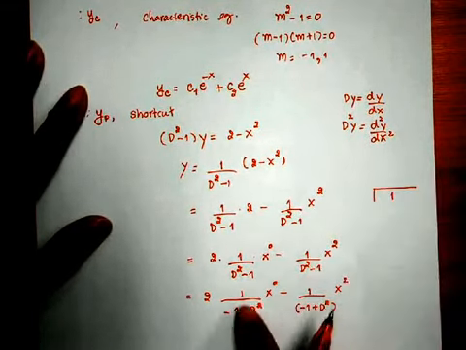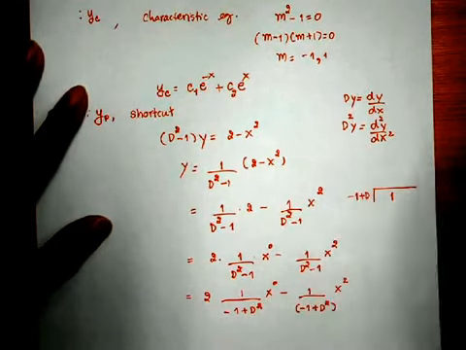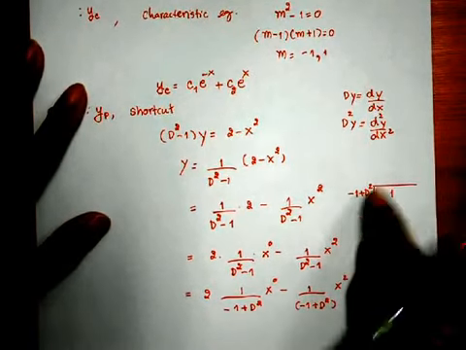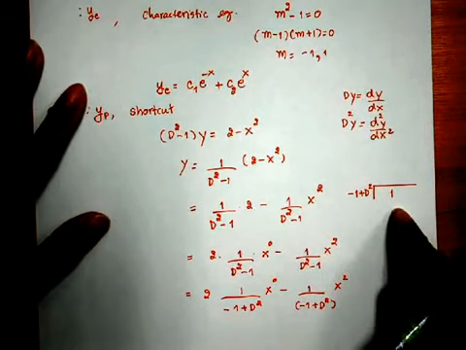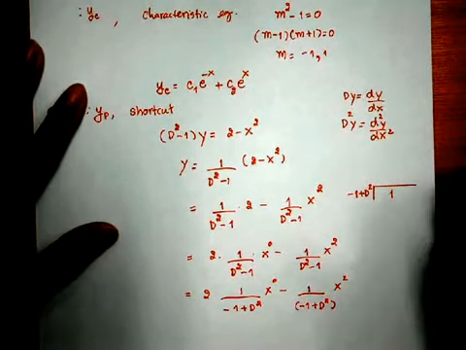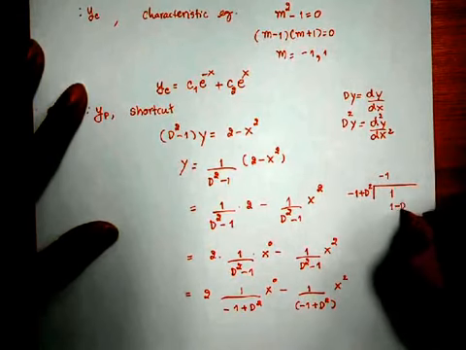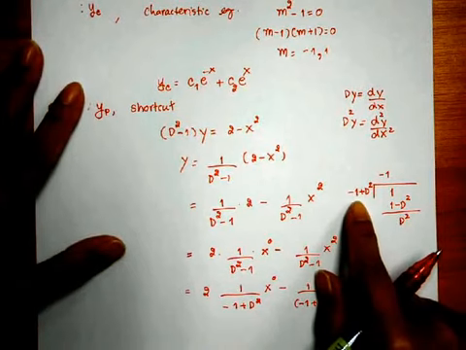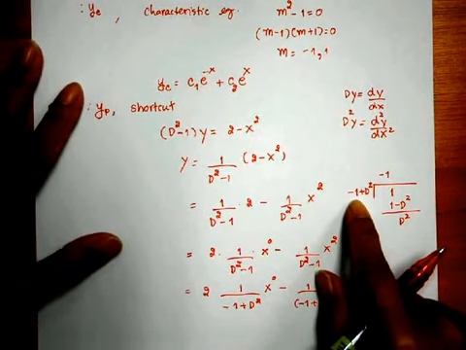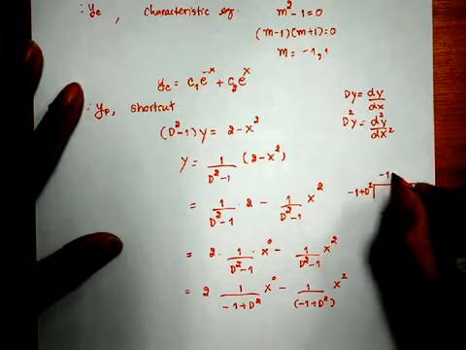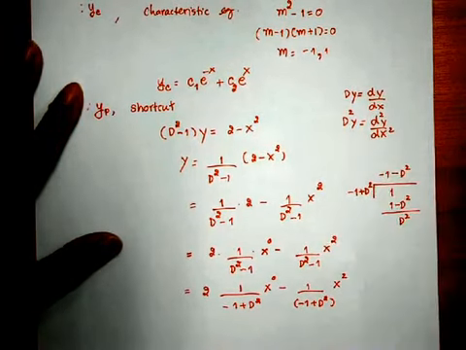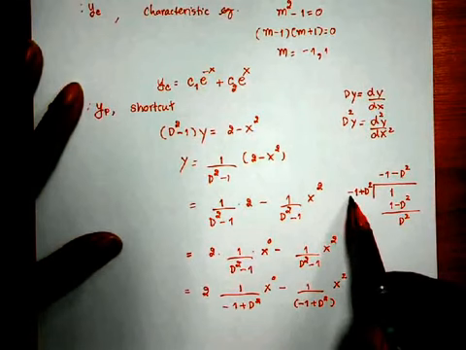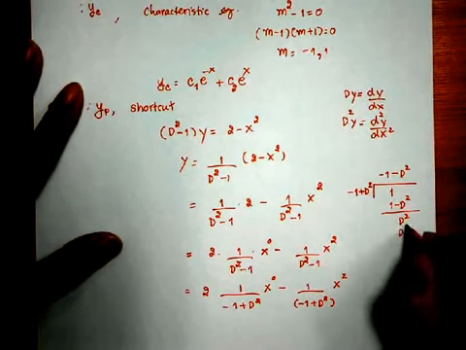Inside is 1. What's the number times minus 1 equal to 1? Minus 1. What's the number that you times with minus 1 equal to d squared? Minus d squared times minus 1 equal to d squared.